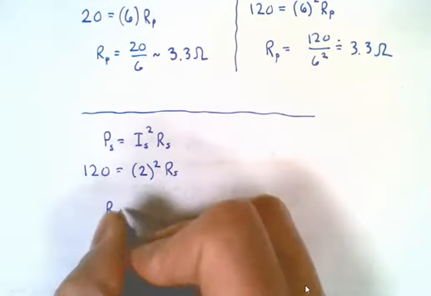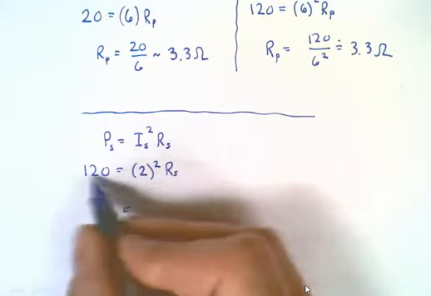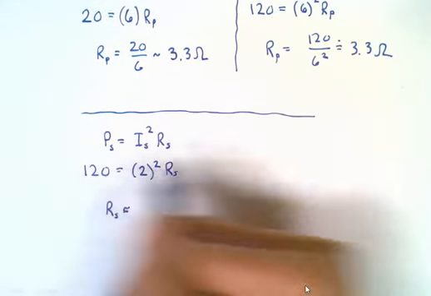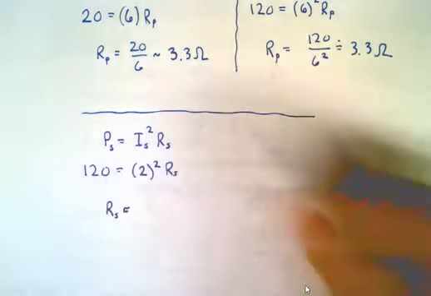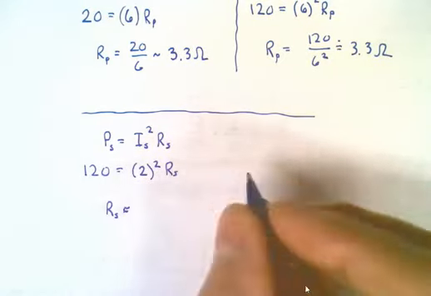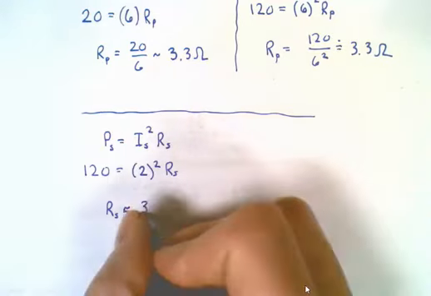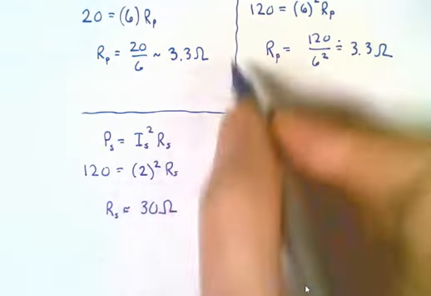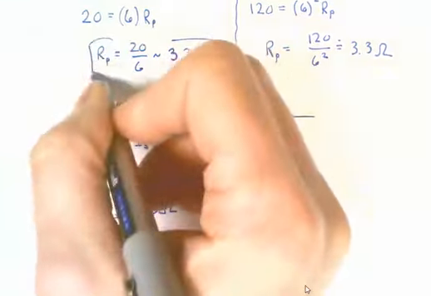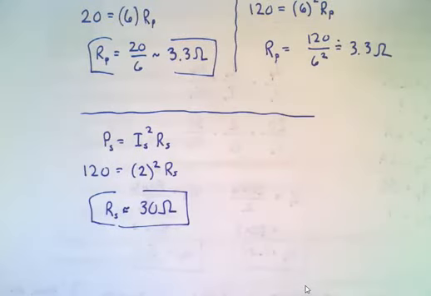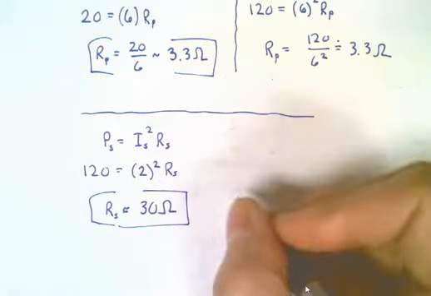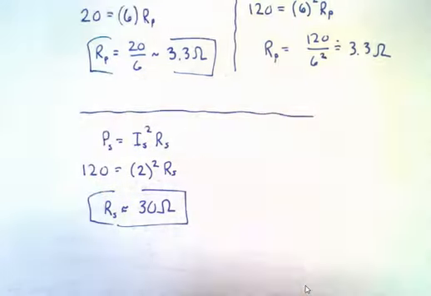So RS is 120 divided by 2 squared, or 120 divided by 4, so you end up with 30 ohms. So primary side had 3.3 ohms, and the secondary side had 30 ohms for the resistance. And notice the subscripts are really important. Don't forget those.